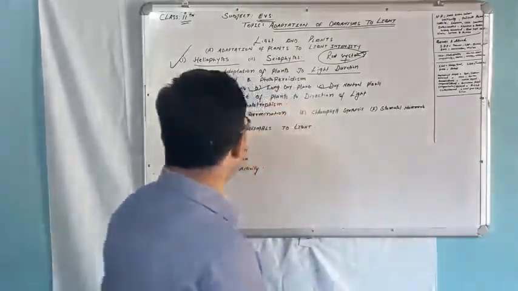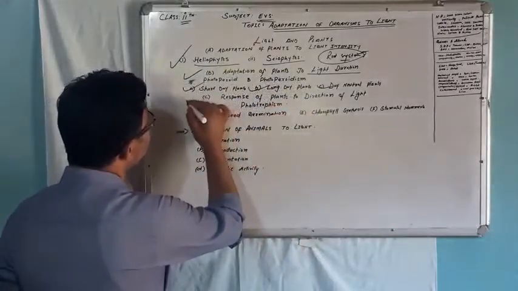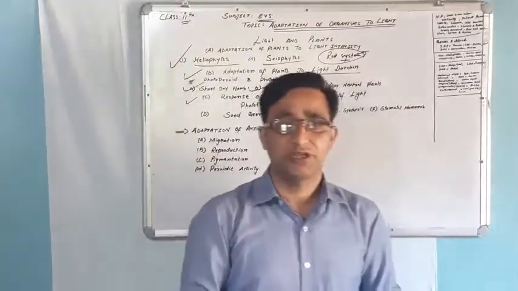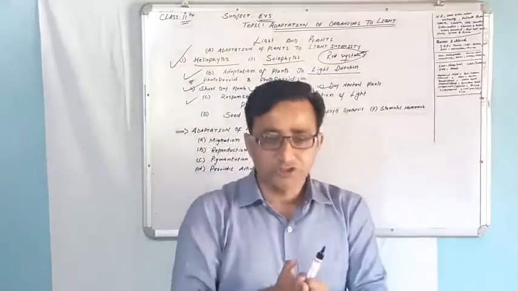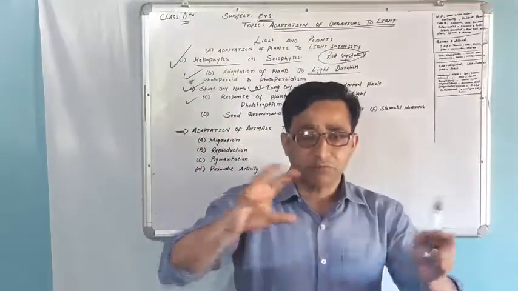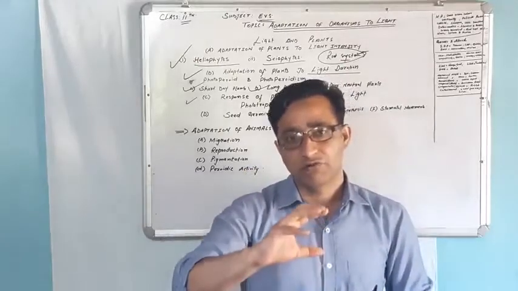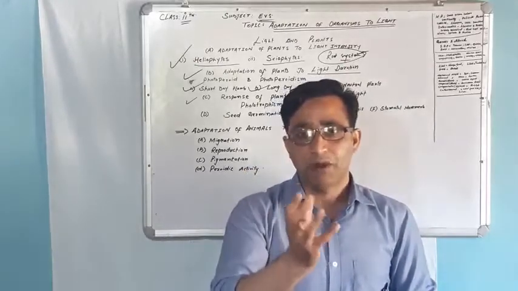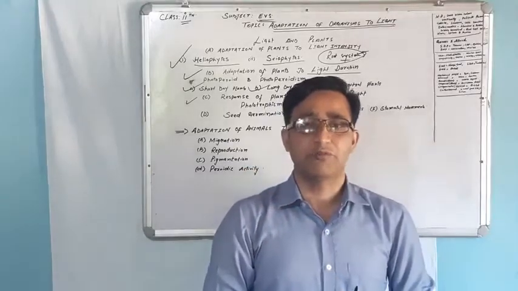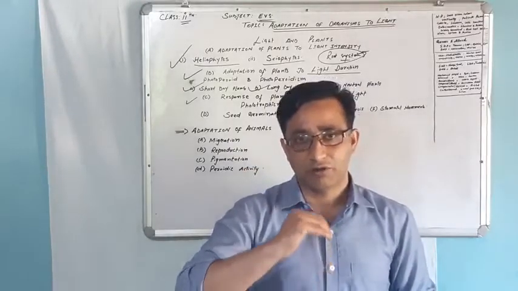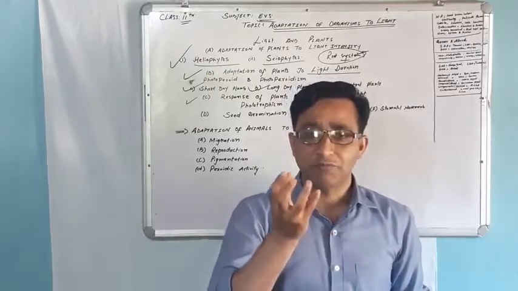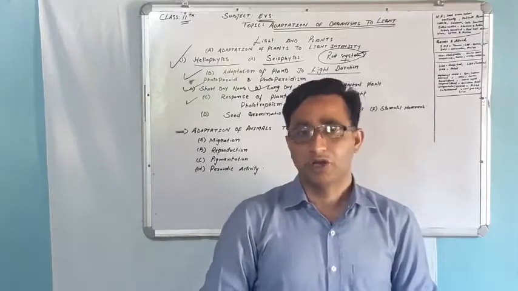Now another effect of the light upon the plants is that the plants also respond towards the direction of the light. Plant movements are the orientation, the movements or the orientation of different parts of the plant towards the light.